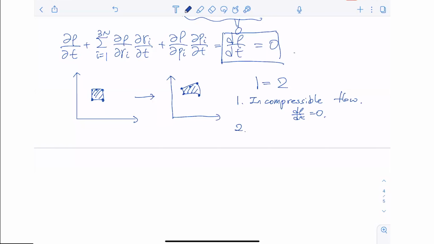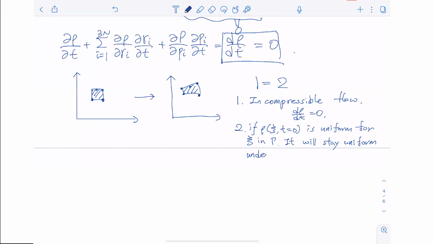It just means this property. And because the area is preserved, if this probability density is uniform in a specific volume gamma, it will stay uniform under the canonical evolution.